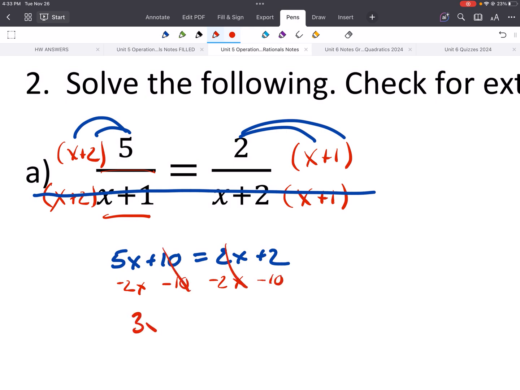So we'd get 3x equals negative 8, and then we divide both sides by 3. That would be our answer. Make sure you simplify, if possible, and reduce the fraction. This one can't. Our excluded values would be negative 1 and negative 2.